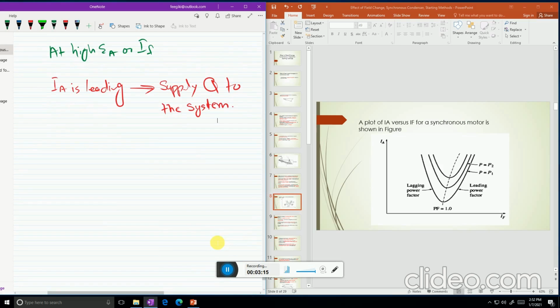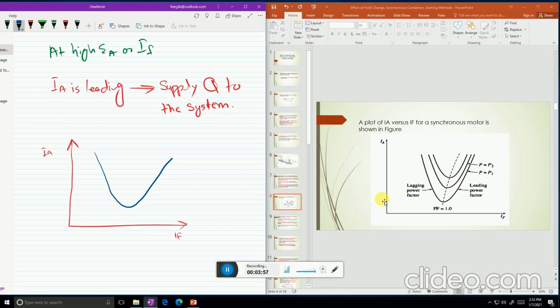So a plot of IA versus IF for a synchronous motor is shown like that. If this is IF and this is IA, when the IF value is small, at that time the IA value is high. When we are increasing IF and EA, the magnitude of IA is decreasing and it is becoming less and less lagging.